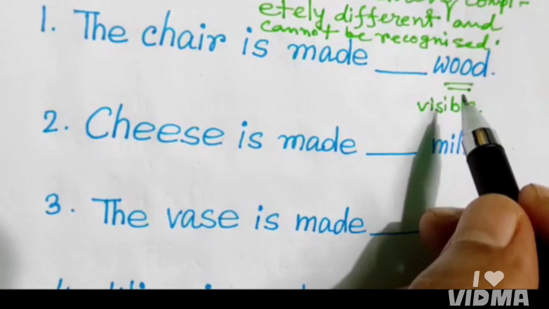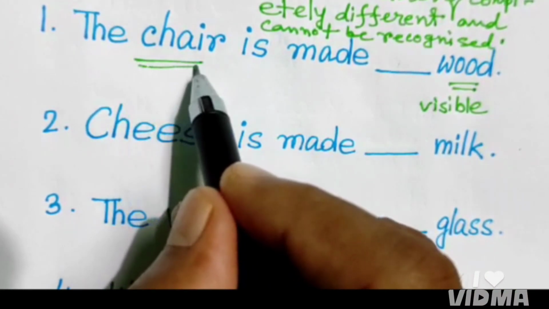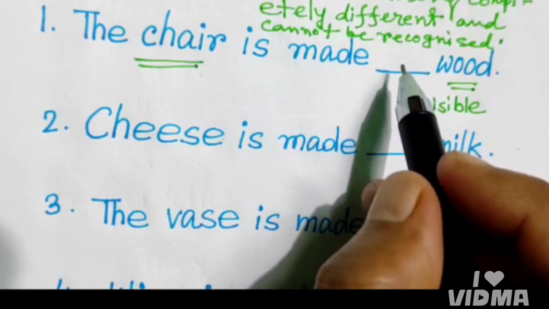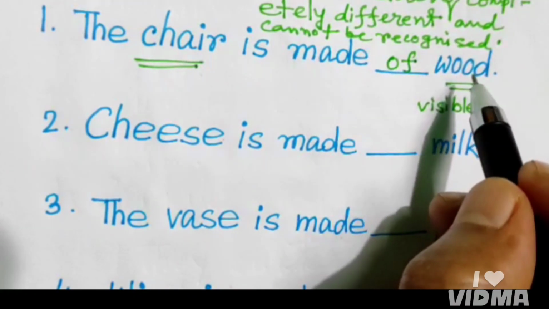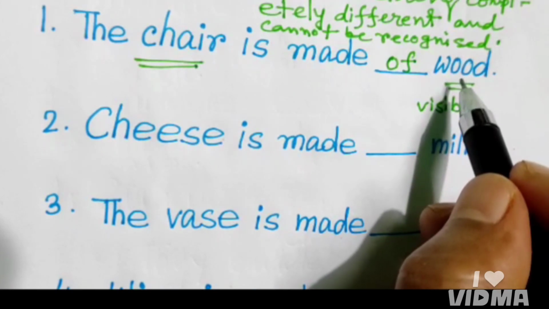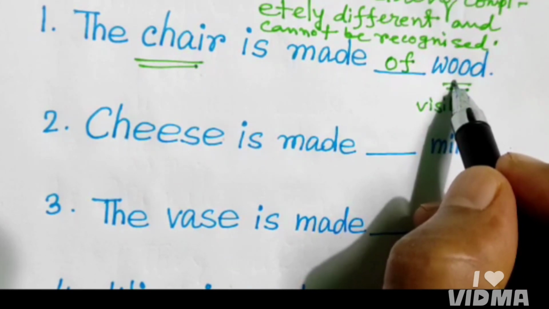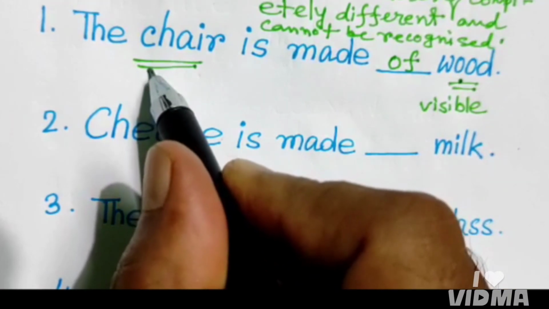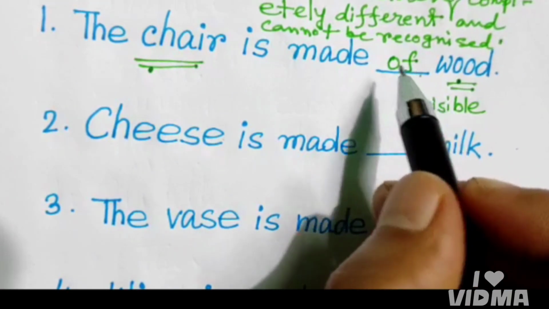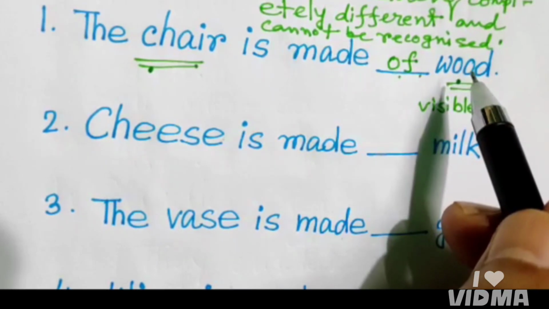So, as wood is still visible in the chair, here use made of. The original material wood can still be seen or recognized in the finished product, the chair. So here use made of. The chair is made of wood.